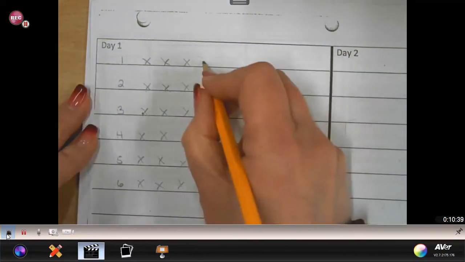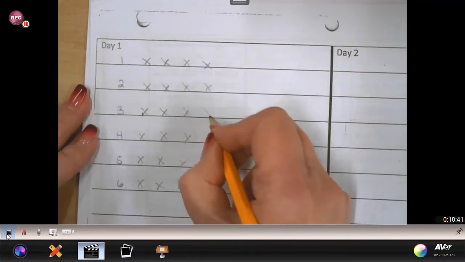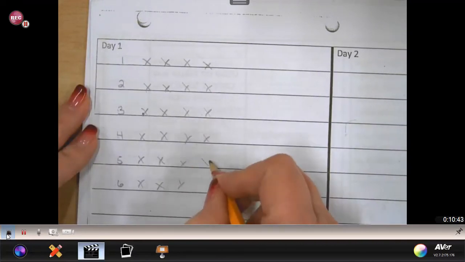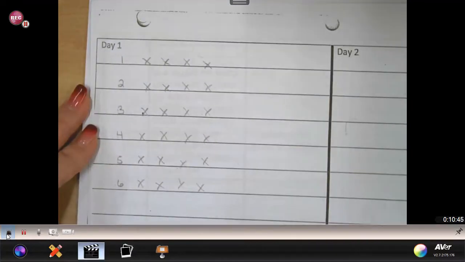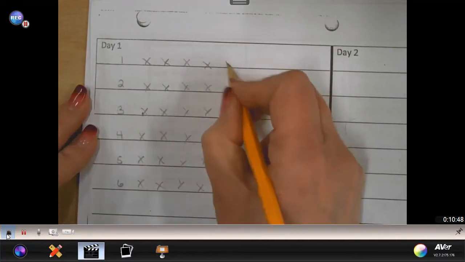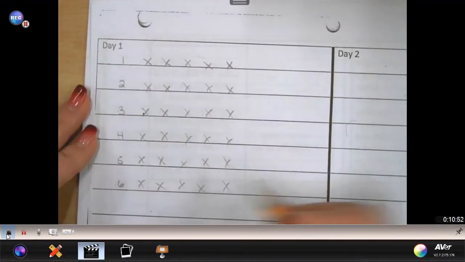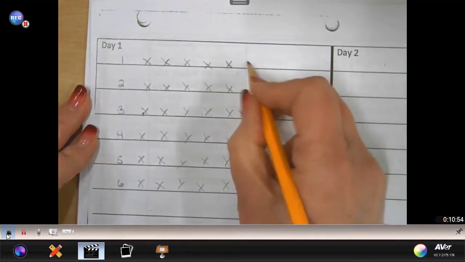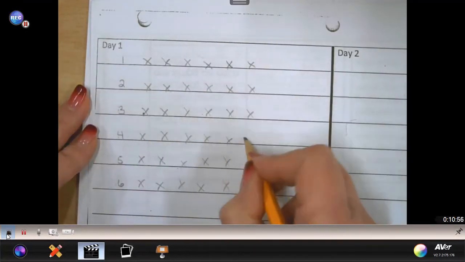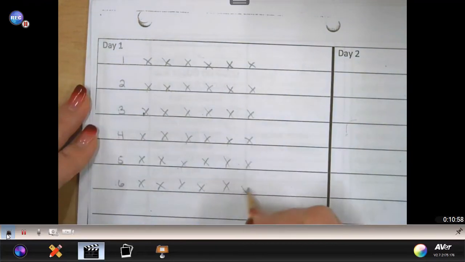Another multiple of 6. 19, 20, 21, 22, 23, and 24, which is another multiple of 6, 25, 26, 27, 28, 29, 30, and finally 31, 32, 33, 34, 35, and 36.